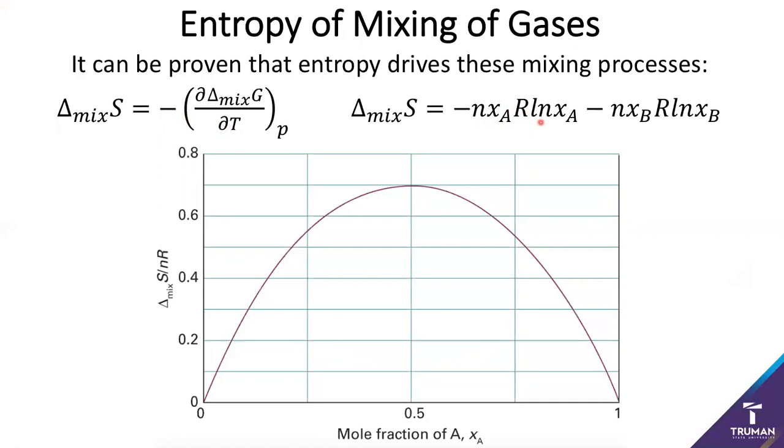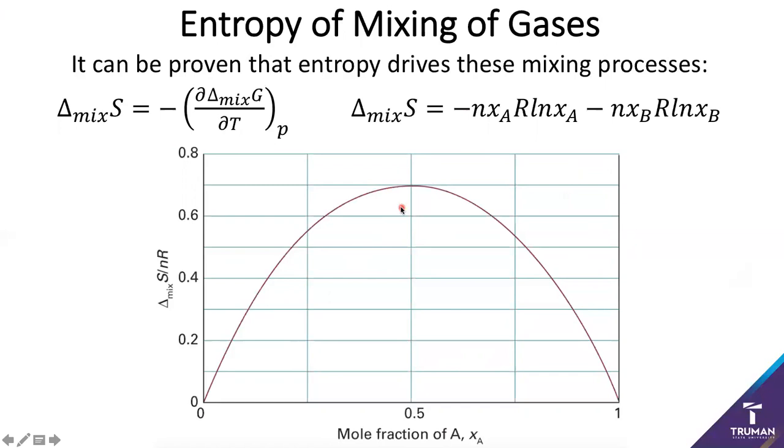And again here, because mole fraction has to be somewhere between 0 and 1, we're going to have a negative expression from the natural log, but now we have a negative prefactor. So this means that in total, our entropy of mixing is always going to be positive, and it's going to max out at a mole fraction of 0.5.